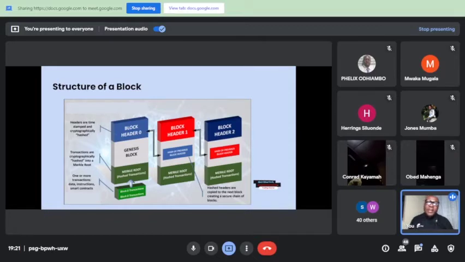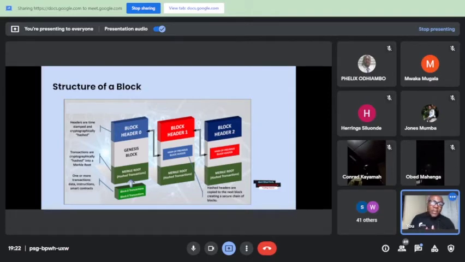Then the transaction data is the information of several transactions that have been encoded in a Merkle tree in that block. The nonce is a random figure that acts as a variable for that hash. Then you've got the hash address for that particular block. That is a unique identification of that block.